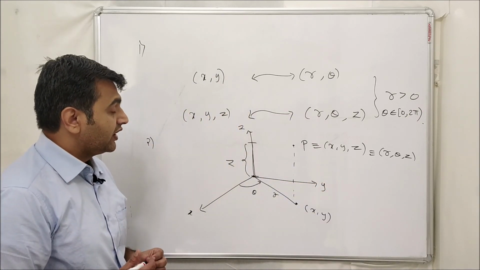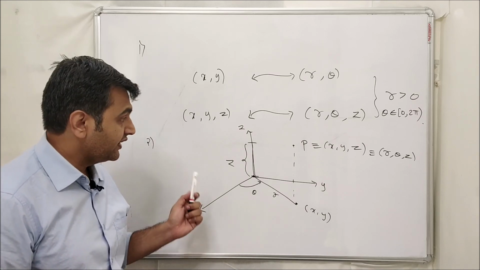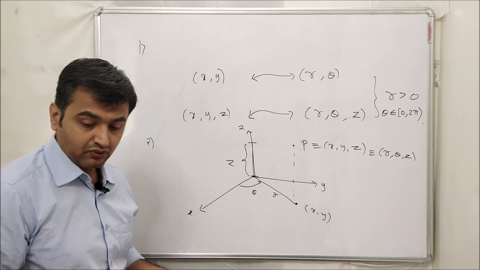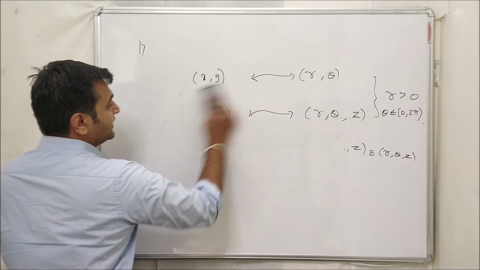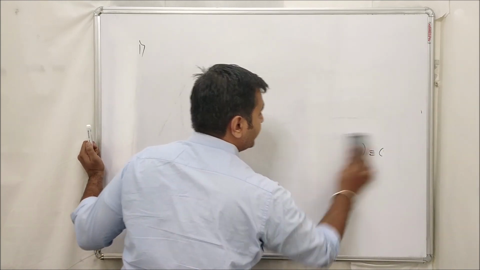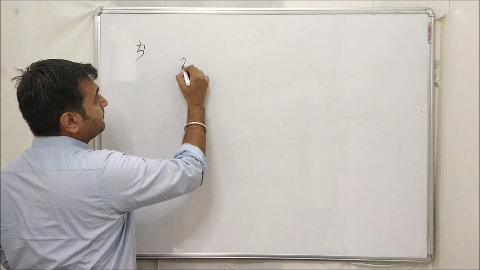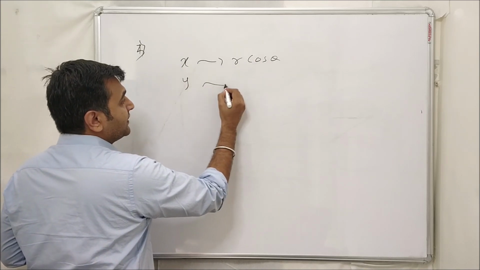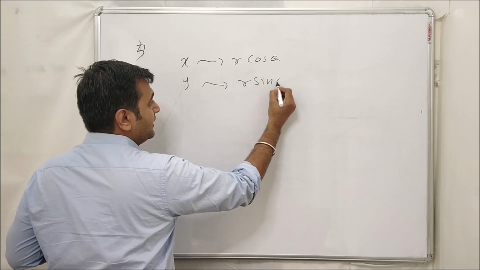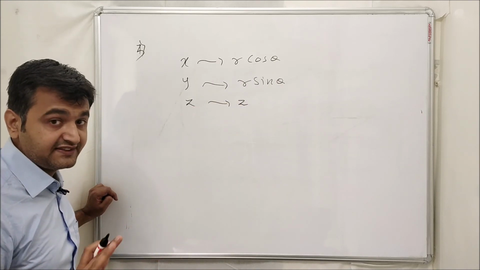Now what is the relation? That's the third point, the setup. For that one should know the transformation, which is the same as you saw for the polar coordinate system. You replace x by r cos theta, y by r sin theta, and you keep z the same. There is no change in z.